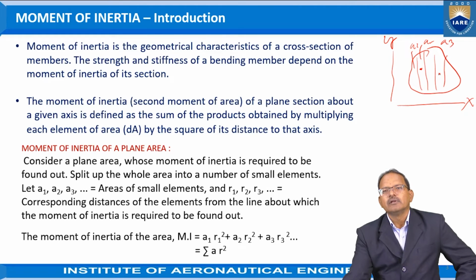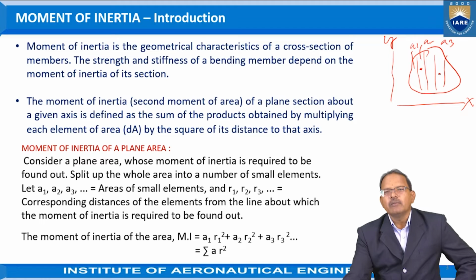Now, the sum of the moments of inertia of all the elements about the y-axis is equal to the moment of inertia of that entire cross section about the y-axis.